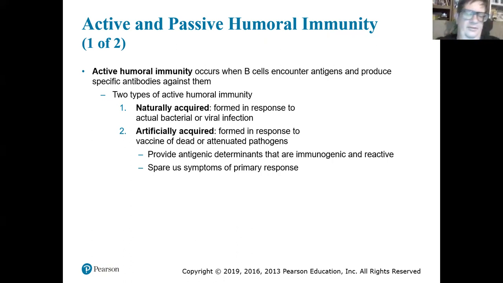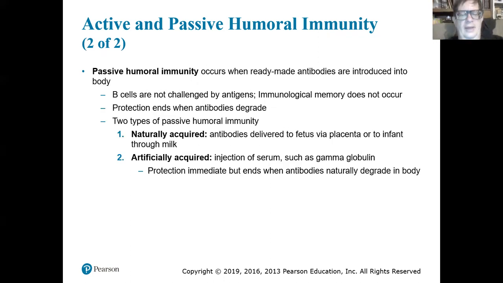You'll just have the development of the memory cells and be ready for exposure. Now, passive humoral immunity will occur when ready-made antibodies are introduced into the body. The B cells are not challenged by antigens.